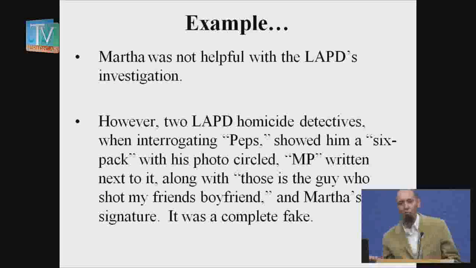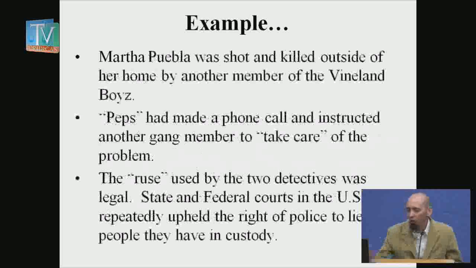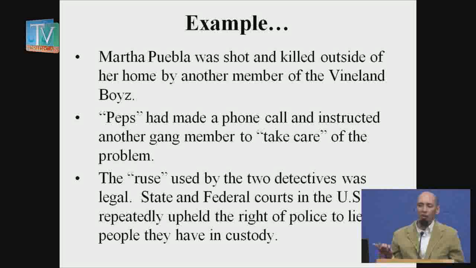So he goes back to jail, he gets to make a phone call, and he calls another gang member and tells this gang member that they need to do something about Martha, right? So Martha was shot and killed outside of her home by another member of this gang, right?